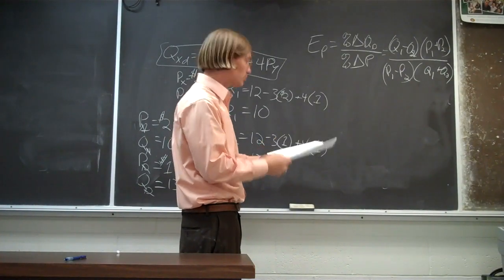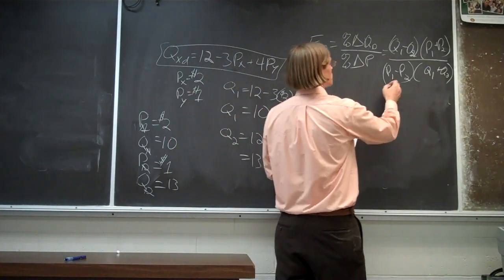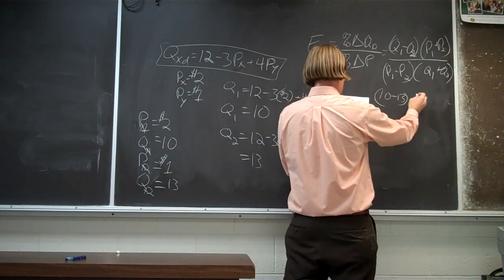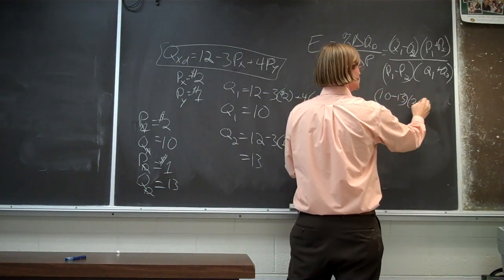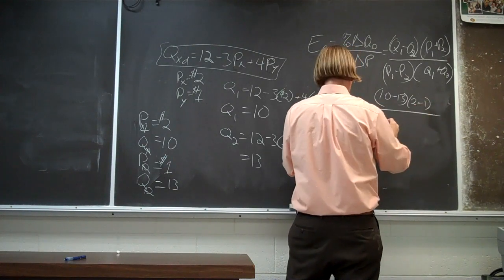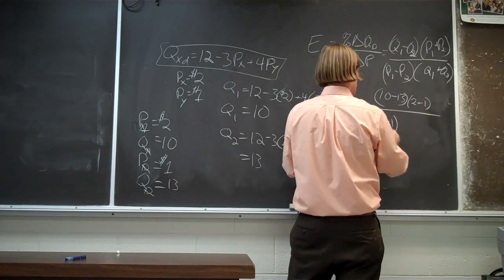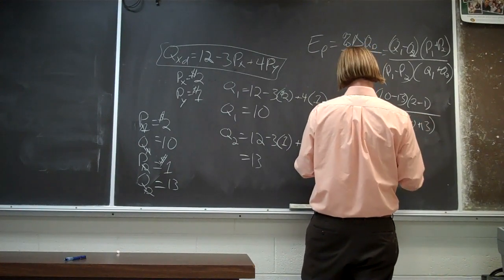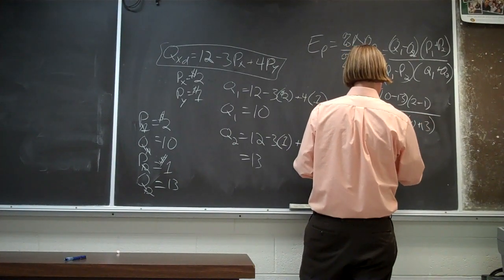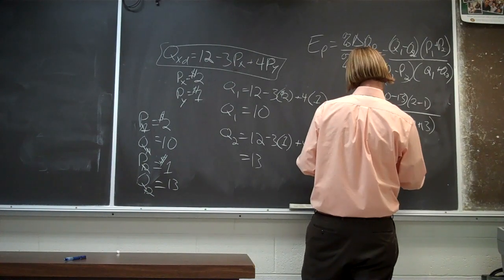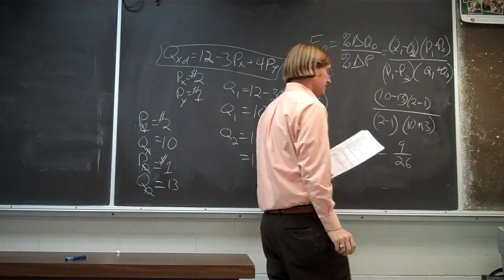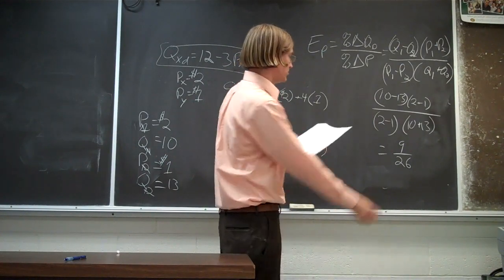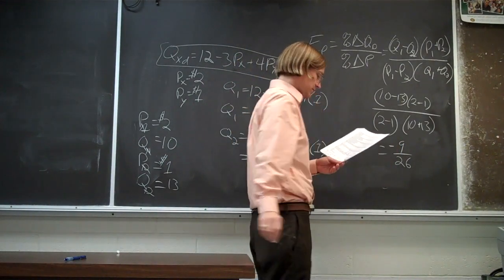That should work out to 10 minus 13 times 2 plus 1 divided by 2 minus 1 times 10 plus 13, which, if my math is right, is negative 9/26.